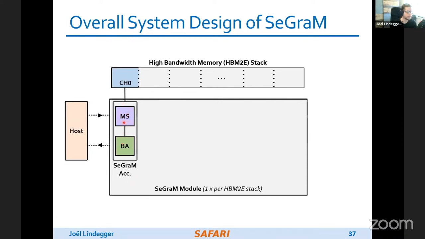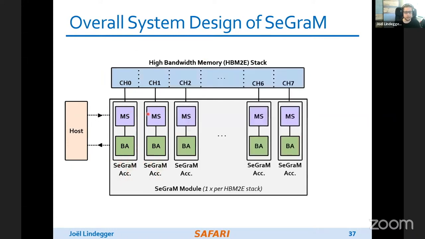One of these accelerators each, as I just showed, is attached to a host, and then it's attached to one channel of an HBM2E stack. Now, we can have many channels per HBM stack, so we can also have many accelerators. We just stack them horizontally. You can have many accelerators in one place.